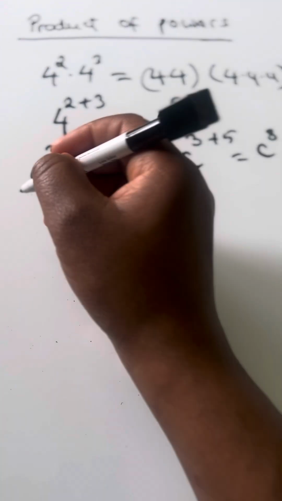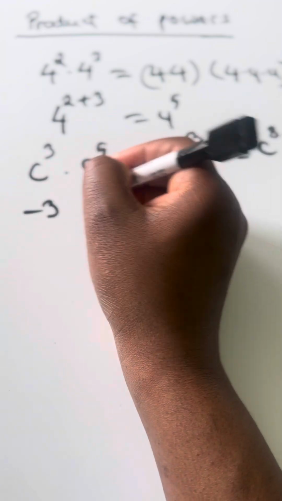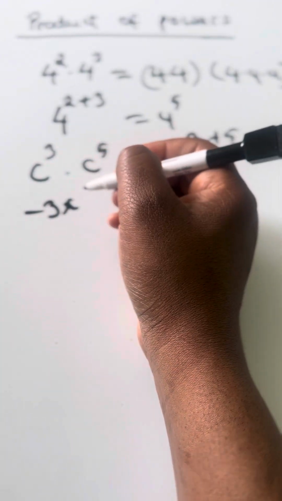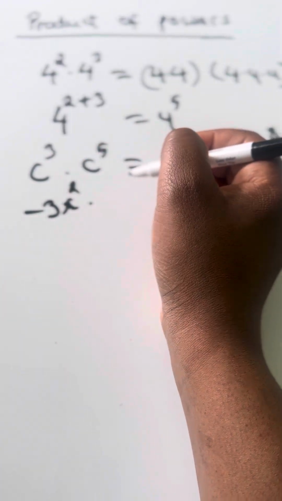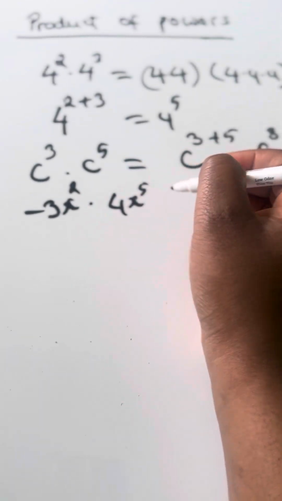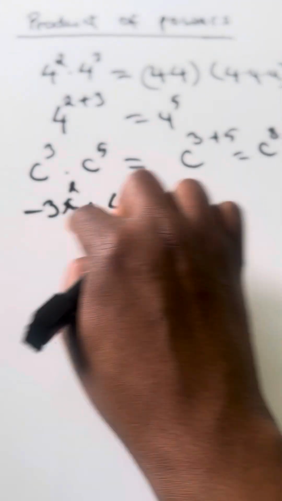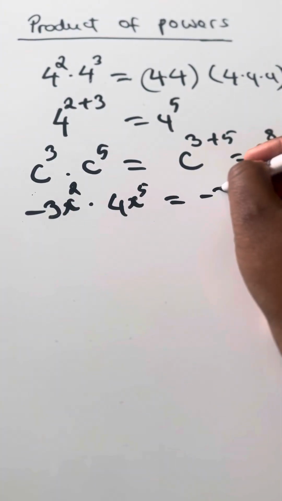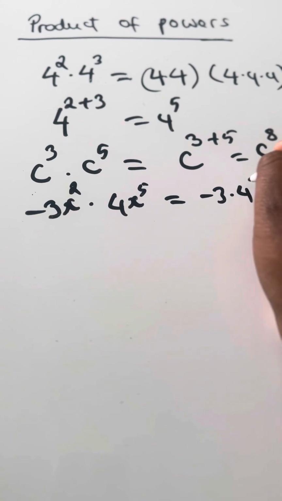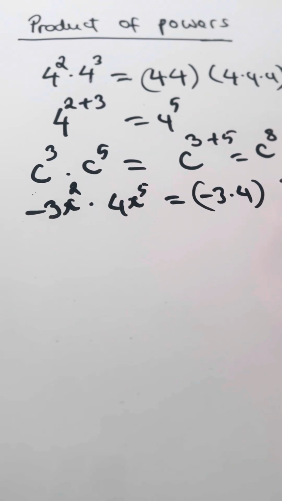I could also work with an example that is more detailed. So negative 3x to the power of 2 times 4x to the power of 5. And I would multiply, in this case, the numbers or the constants. So negative 3 times 4. And then I would work with the variables and their exponents.